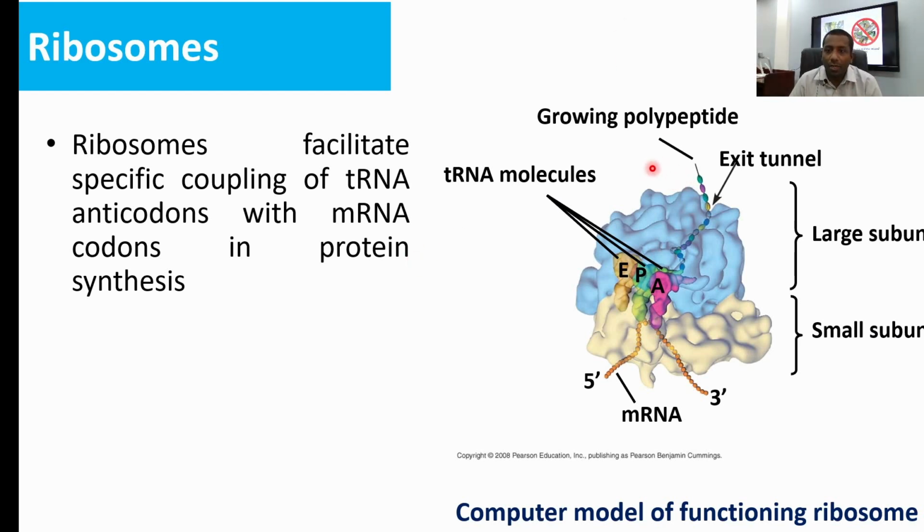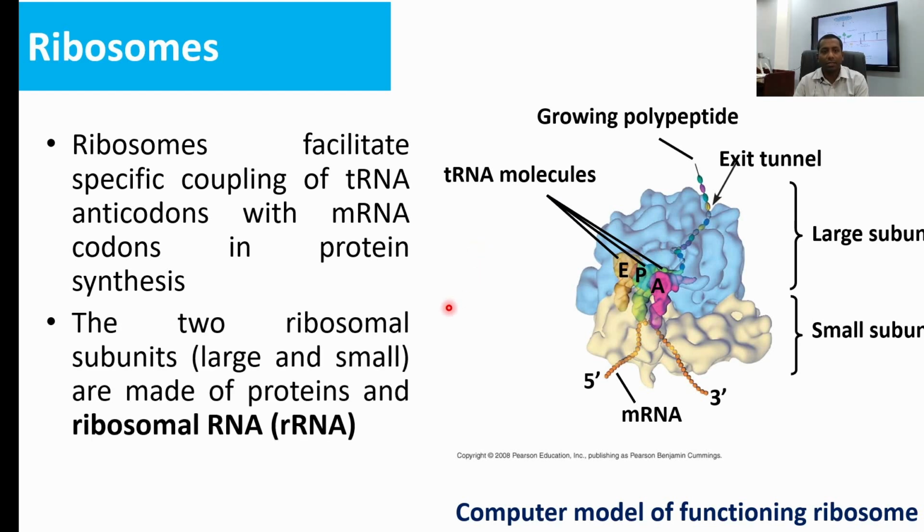A ribosome has two parts, a large subunit and a small subunit, and there are three sites, we call them E, P and A. This is the structure, and here we have our mRNA molecule. This is the structure used in the translation process.